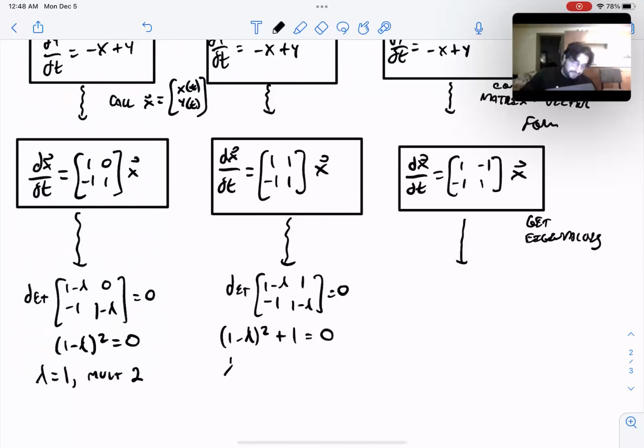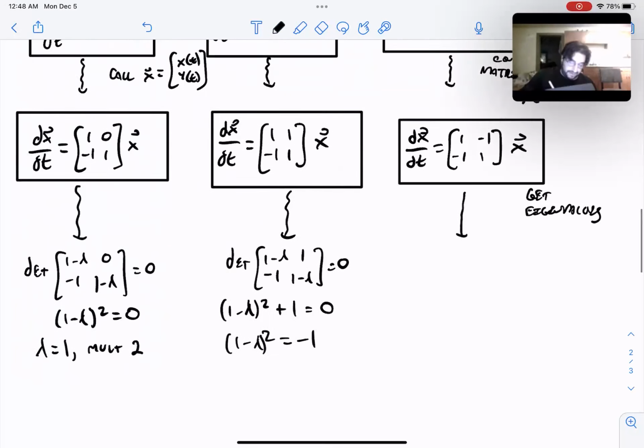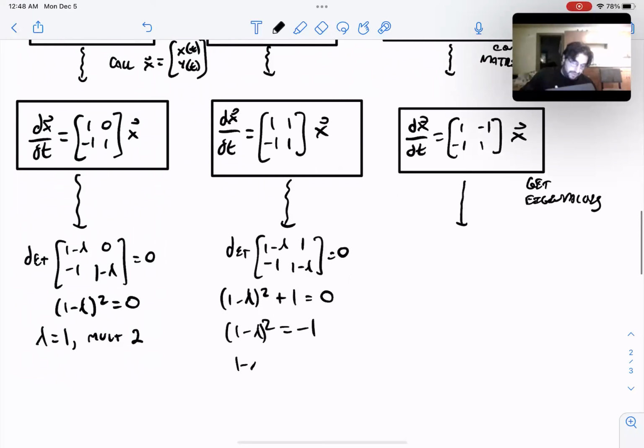So I subtract the 1, I can square root both sides, and I can subtract the 1 and negate both sides. So this gives me complex roots.